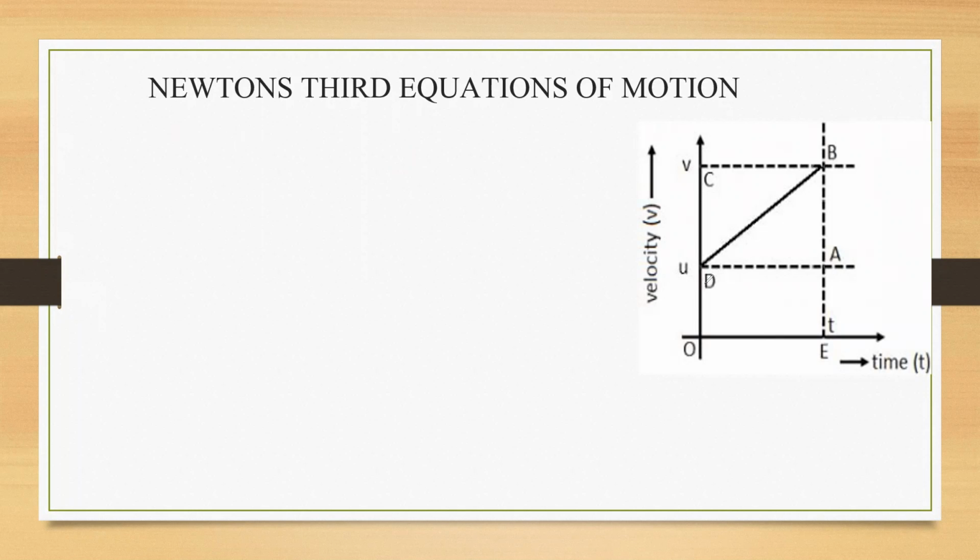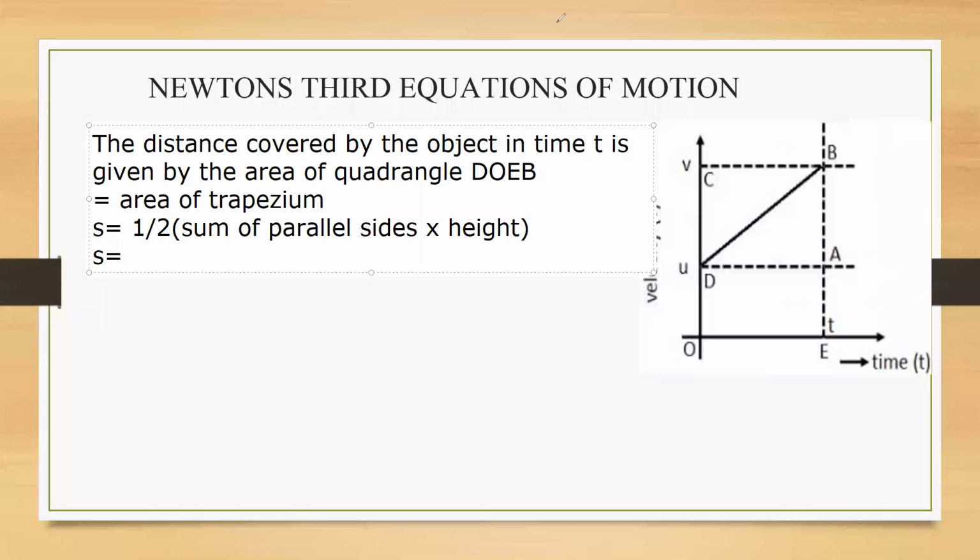That is the area of quadrangle DOEB, which is equal to the area of a trapezium. DOEB is a trapezium in which DO and BE are the parallel sides, and OE and DB are the non-parallel sides. We know that the area of a trapezium is equal to half into the sum of parallel sides into height.